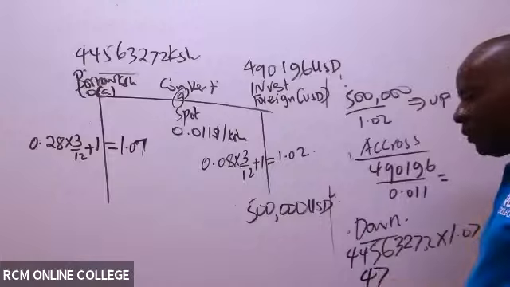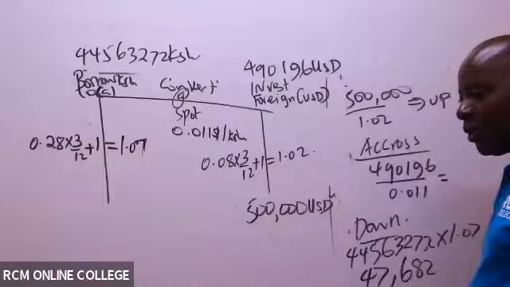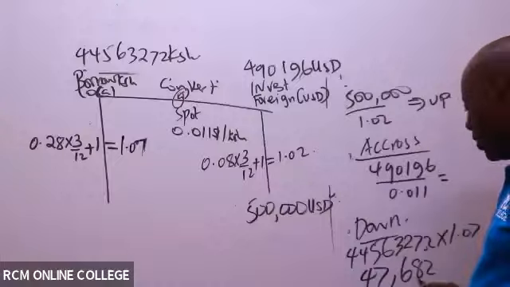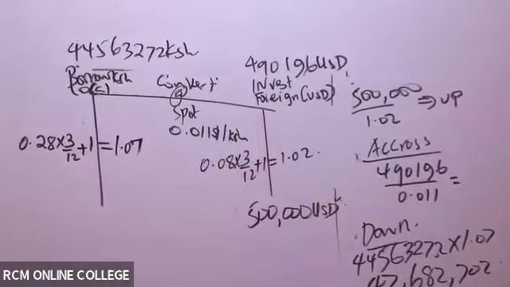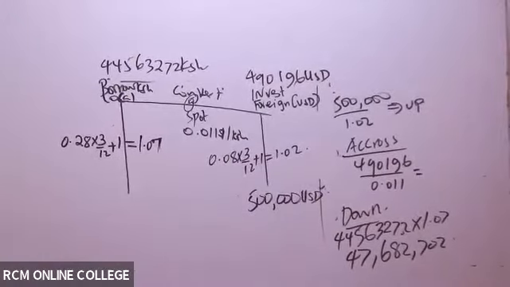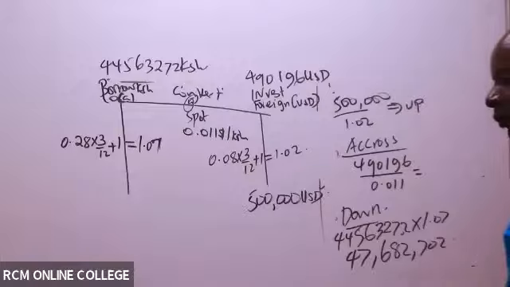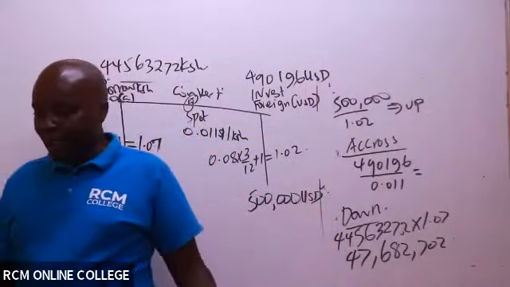So we have here 47,682,702 Kenya shillings, isn't it?